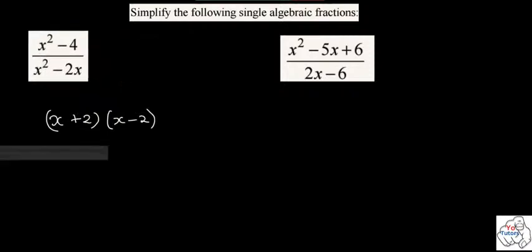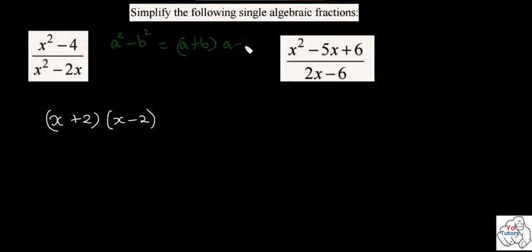If we have got a squared minus b squared, the factors should be a plus b, a minus b. Whichever starts first doesn't matter. Remember, these are perfect squares. So you need to take the squares and add them and subtract them. In that way, you know that will be your answer.